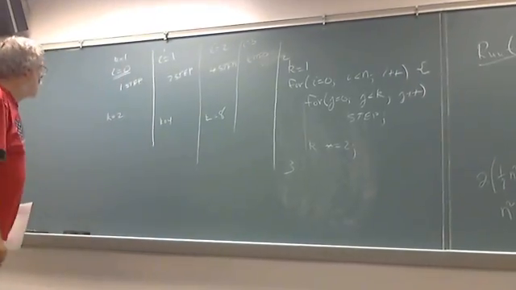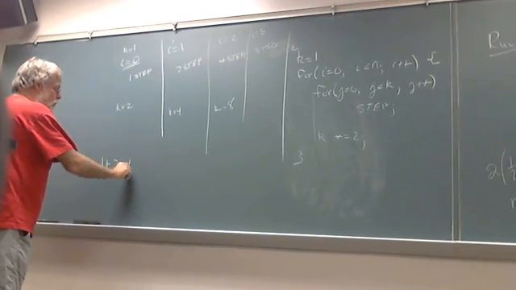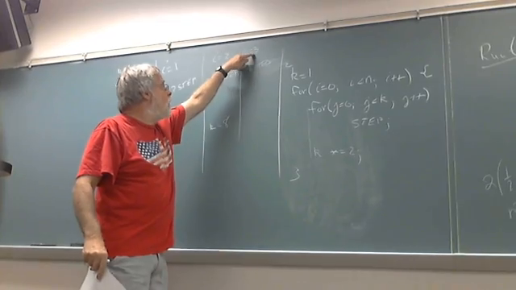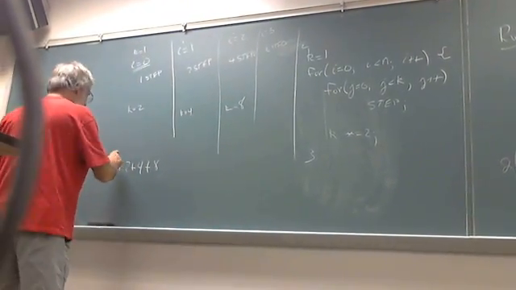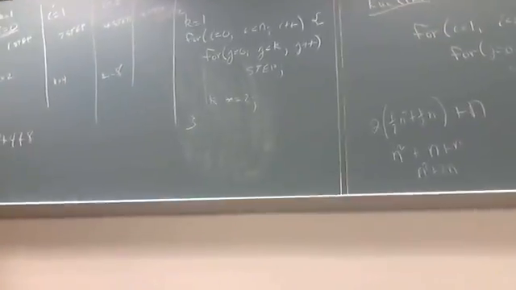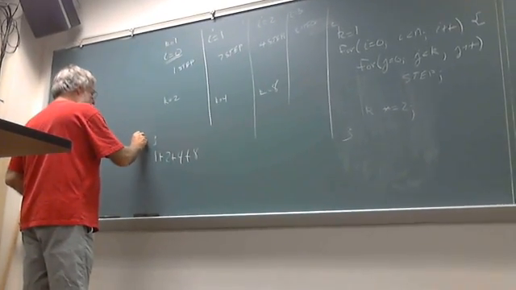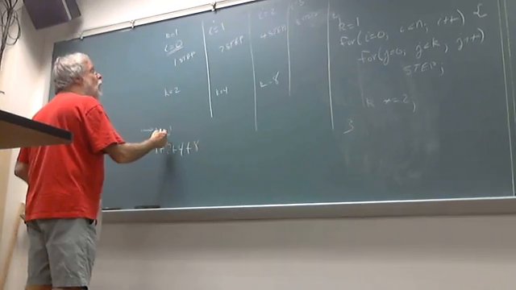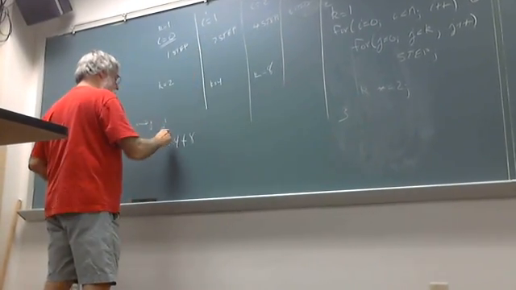Okay, so the total number of steps is going to be 1 plus 2 plus 4 plus 8. Notice that it's like an exponent. When i is 0, we get 2 to the 0, or 1 step. When i is 1, we get 2 steps.